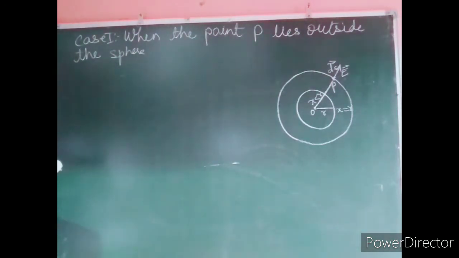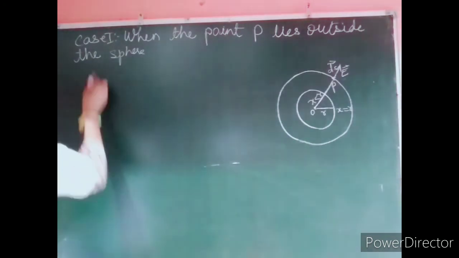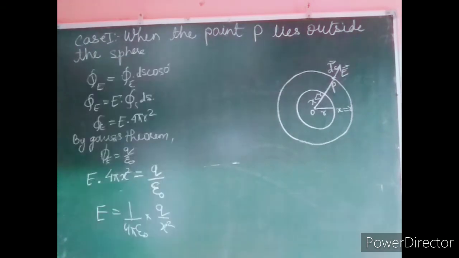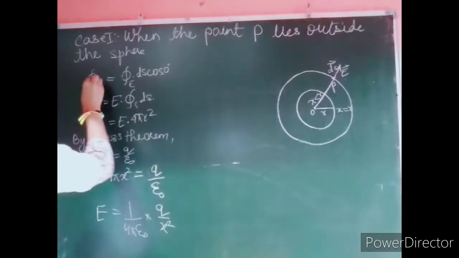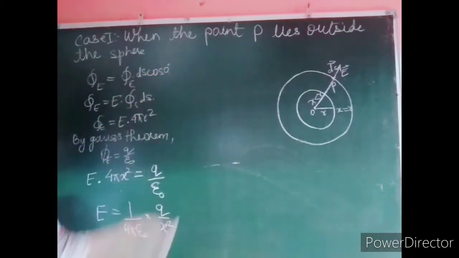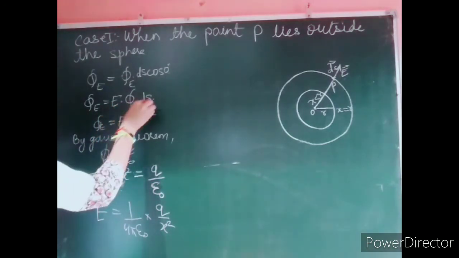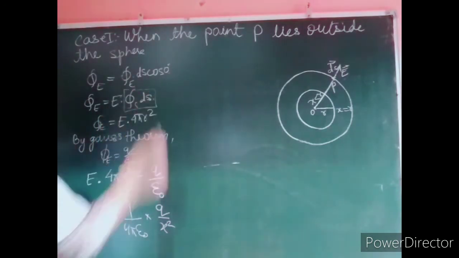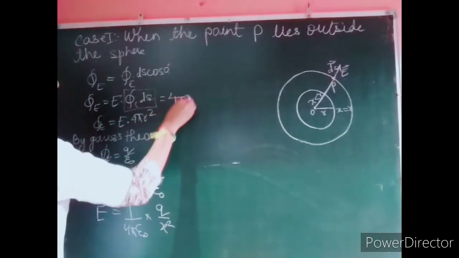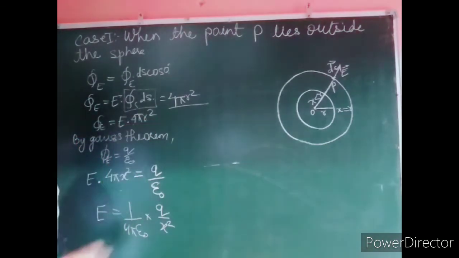Now the electric flux linked with the Gaussian surface will be phi E is equal to the integral of E ds cos theta. In previous we have seen that the integral of ds is the total surface area of a sphere, that is 4 pi r square.